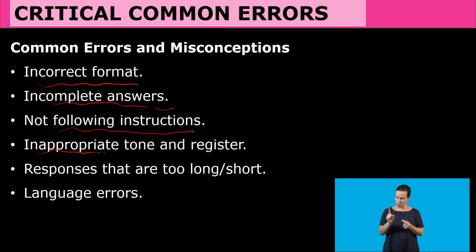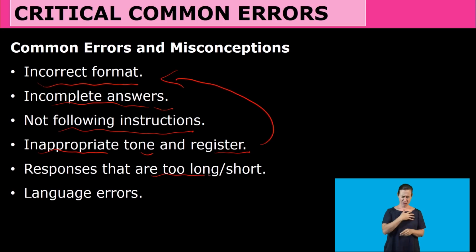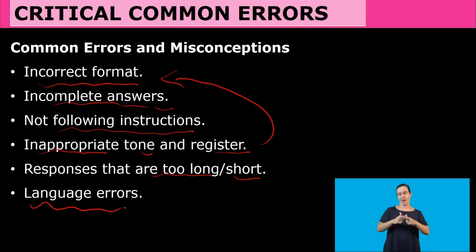Another problem is inappropriate tone and register according to the type of text. A big problem is responses that are too long or too short. If your responses are too long, the marker will simply not read it. If it's too short, you will penalize yourself because you won't have enough information. And the last error we're looking at are language errors.